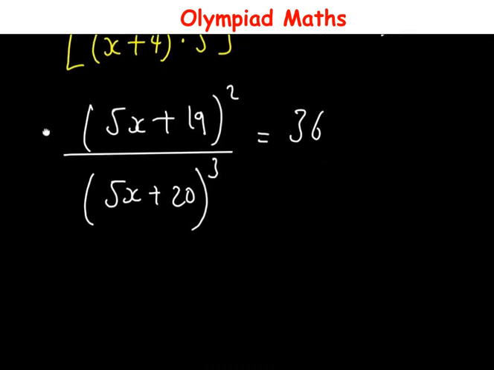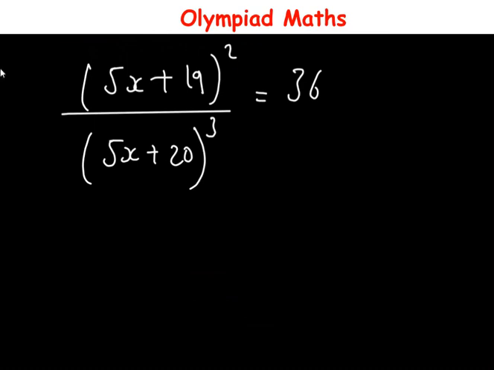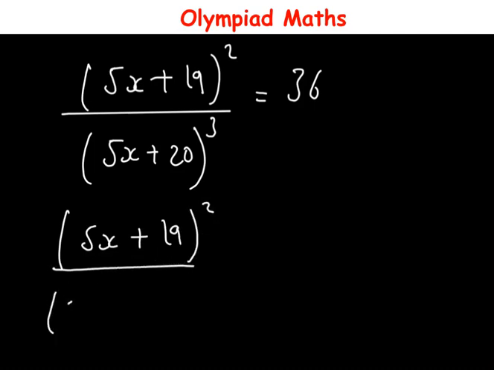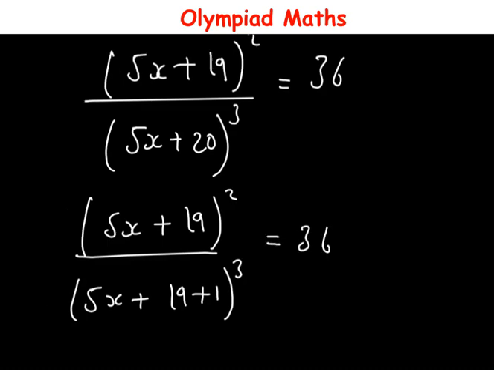Good. So from here, simplifying further, we have (5x + 19)^2 divided by (5x + 19 + 1)^3, because instead of writing 20, we can write 19 plus 1, which equals 20, and this is equal to 36.